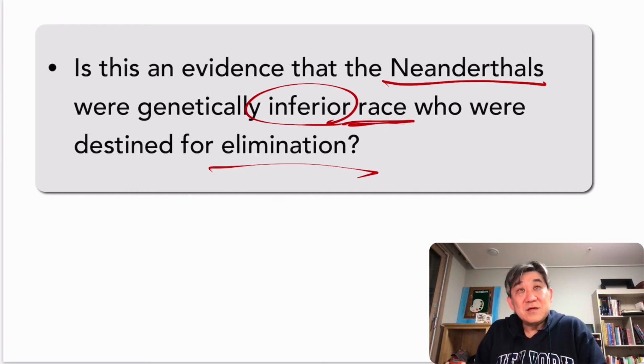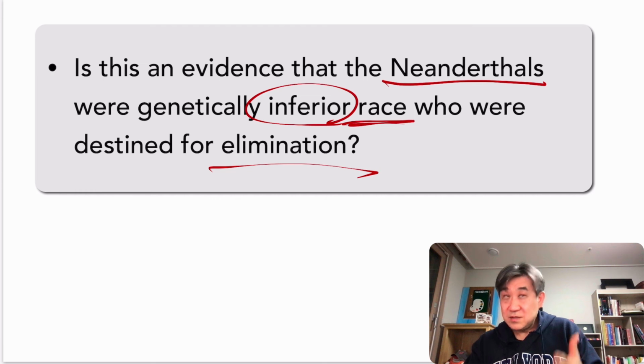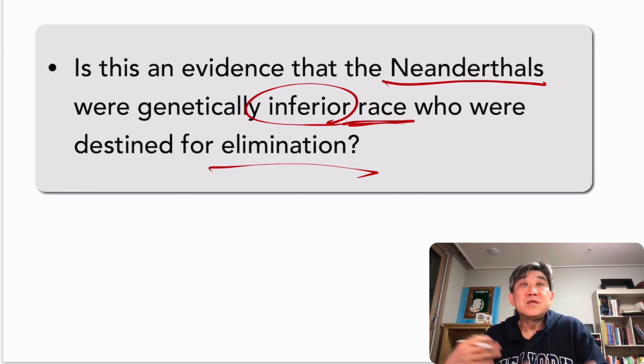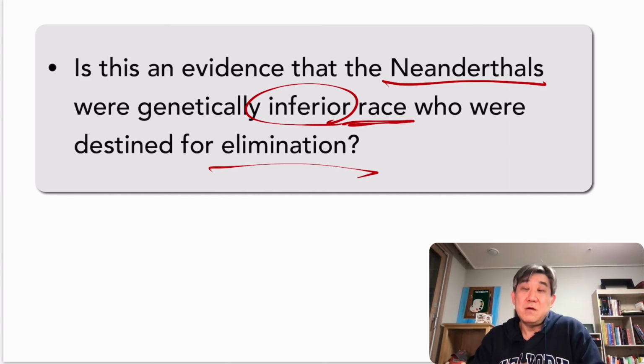It simply means that in the present environment, these genes might cause some troubles, but back then those genes were not at all troublesome. On the contrary, some of those genes might even have helped them survive through such a harsh environment. That is probably what we have to take away from this.